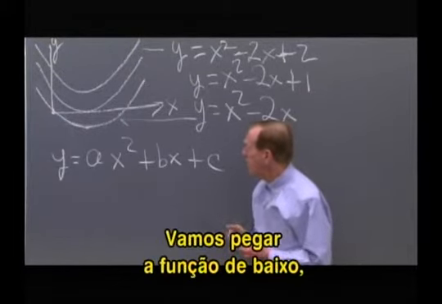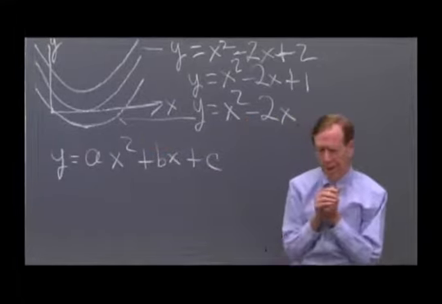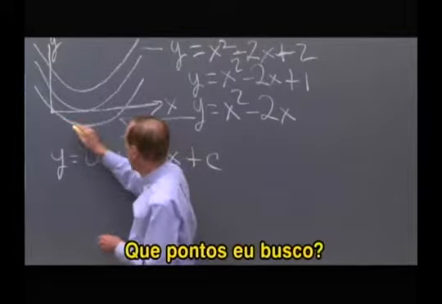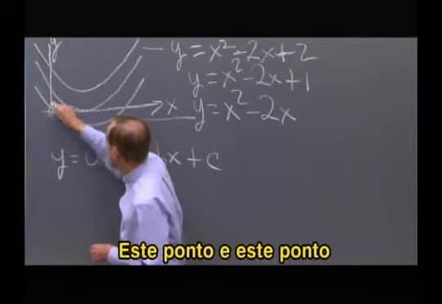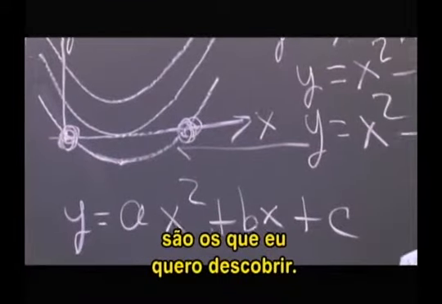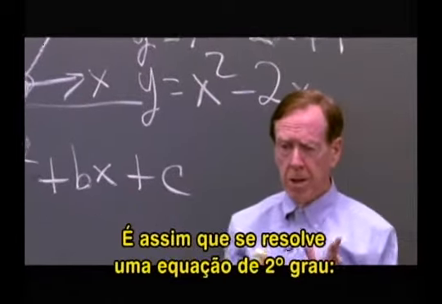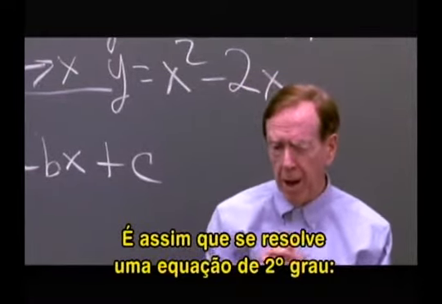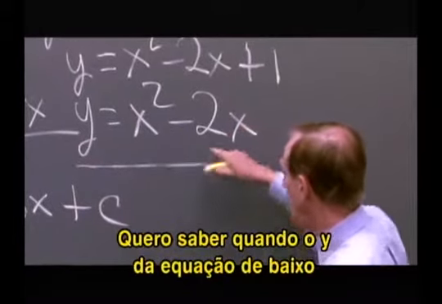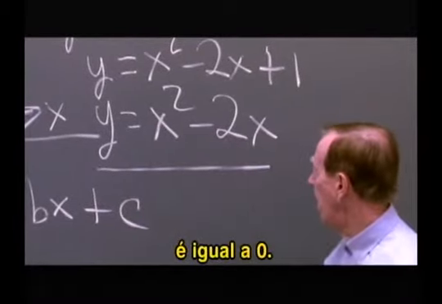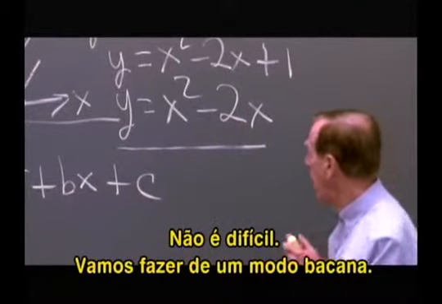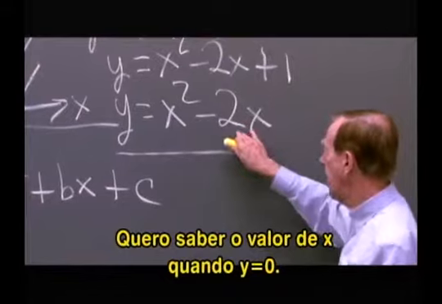So let me take the bottom one, the first one. What points am I looking for? There's one point, and there's another point that I'm planning to figure out. You could say that's solving the quadratic. Find where it's 0. So I would like to find where this guy, the bottom one, is 0. Not too hard, but we will do it in a good way.